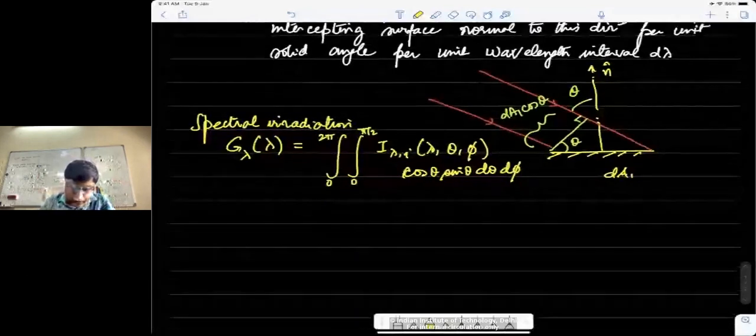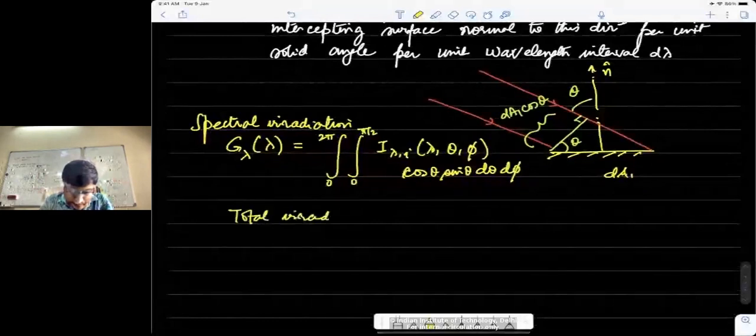Similarly, I can also write the total irradiation. So total irradiation will mean we're calculating the total radiation received in terms of all wavelengths. So all wavelengths have been accounted for. We will use a symbol G for that.